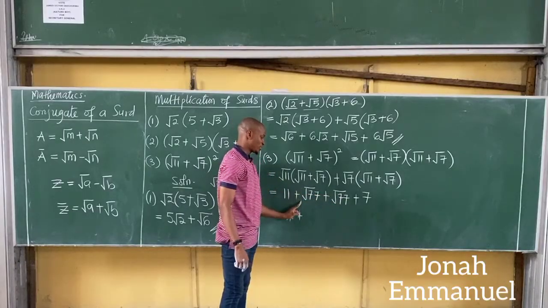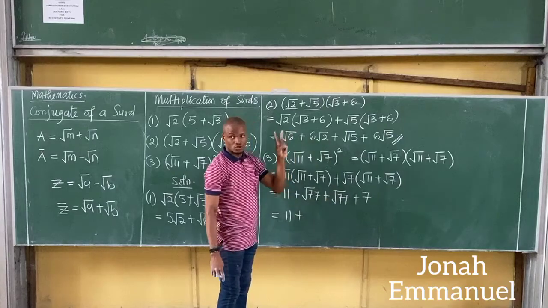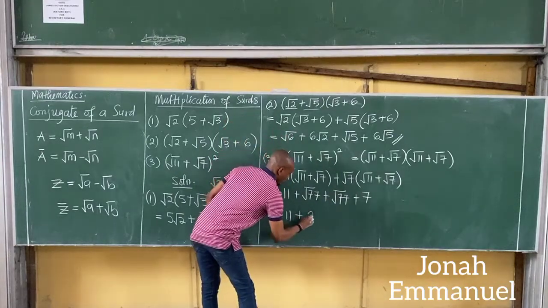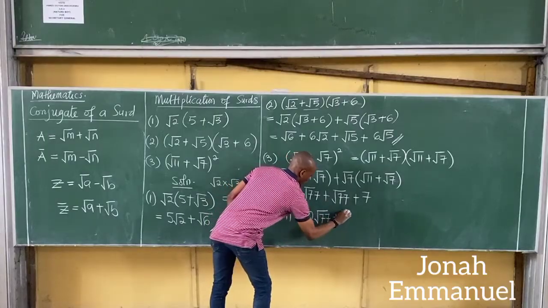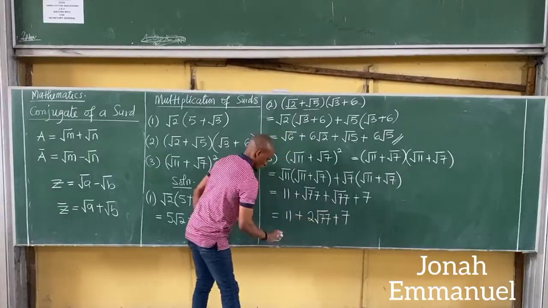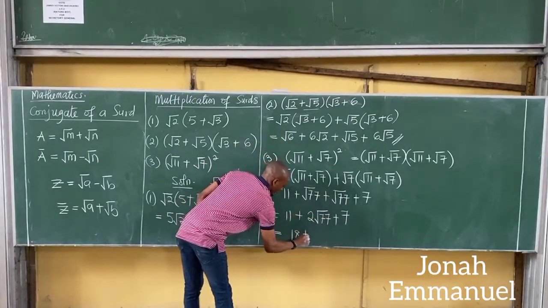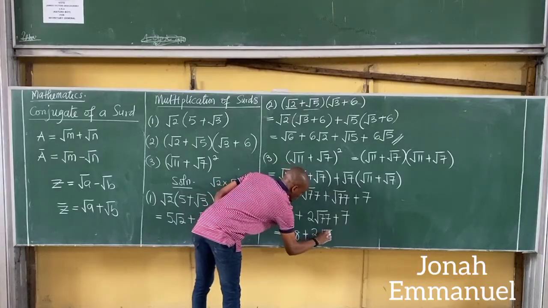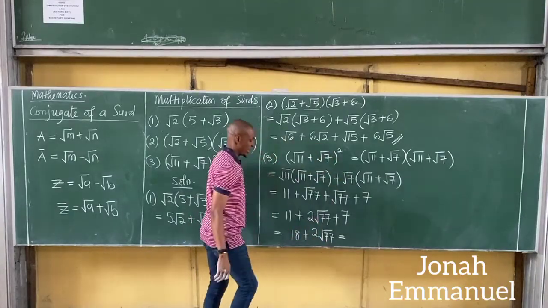So my coefficient here is 1, becomes 1 plus 1. That gives you what? 2. So it becomes 2 root 77 plus what? 7. Of course, this and this can add up. So it's now equal to 11 plus 7, 18, plus 2 root 77.